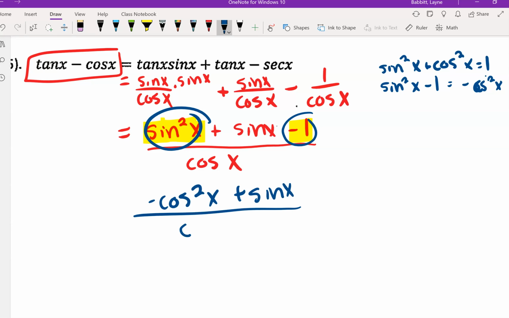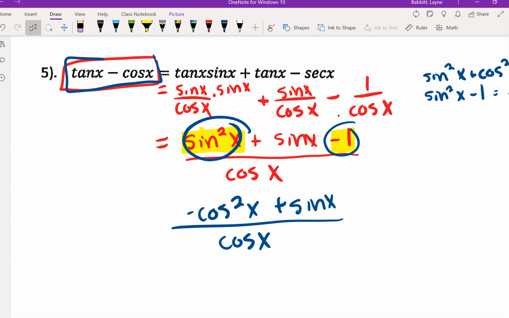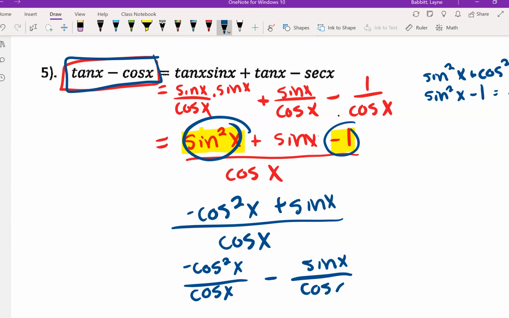And then that's all over cosine of x. And then what I'm probably going to do here is split this, because obviously here we don't have any fractions. So somehow I want to be able to simplify these fractions, and I can only do that if I split them. So I'll split this into negative cosine squared x over cosine x minus sine x over cosine x.